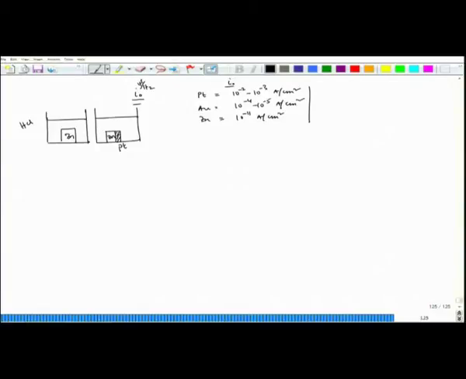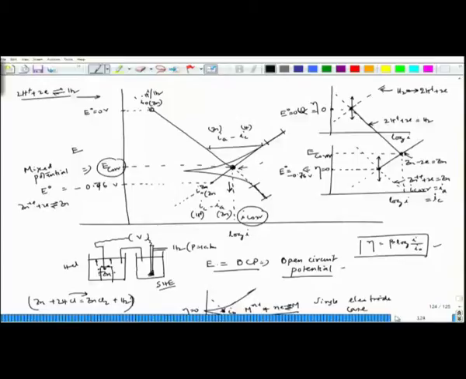So, when we try to see these two situations, we have to first look at the diagram. These diagrams are called Evans diagrams.